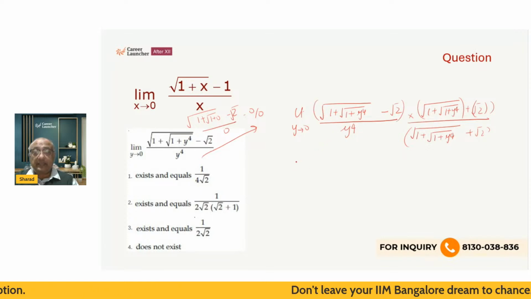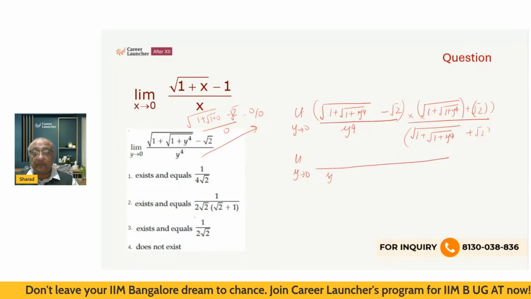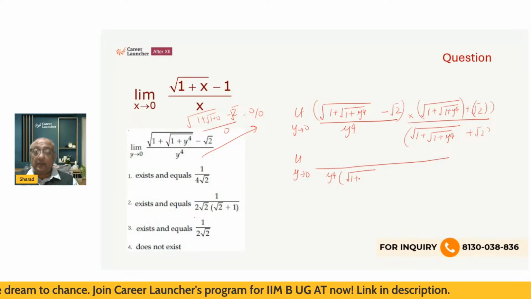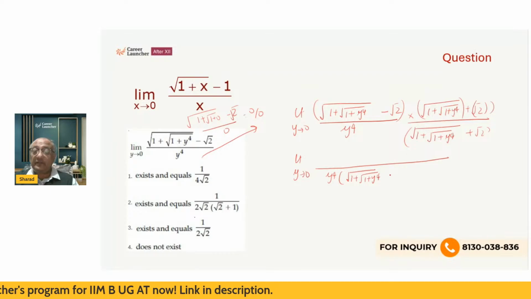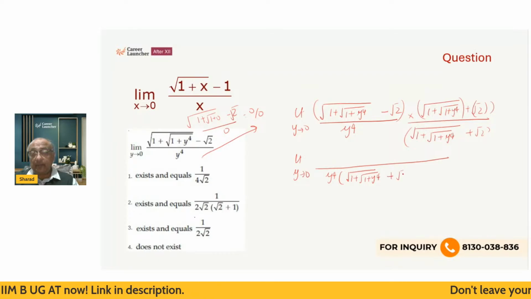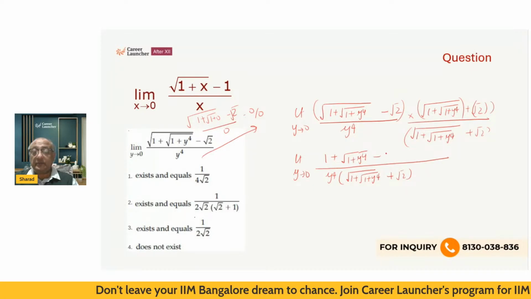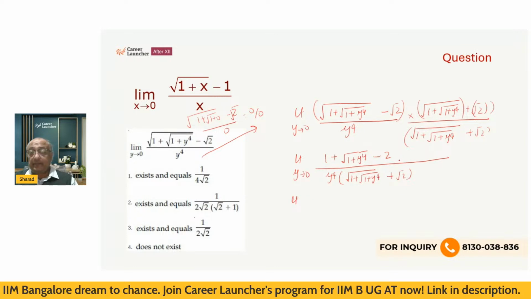If I multiply this, I'll get limit y tends to 0. Let us write the denominator first because nothing is going to change here. Let's not lose patience. It is going to be solved within a minute or so. This will become 1 plus root 1 plus y raised to power 4, and minus root 2 whole square is minus 2.